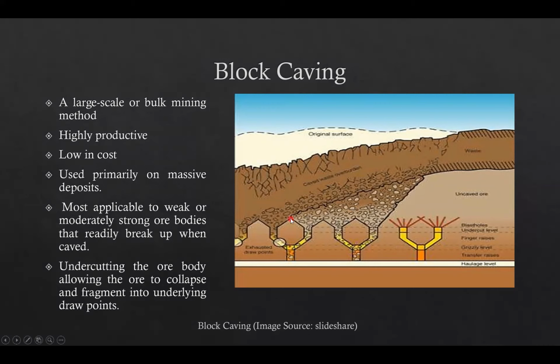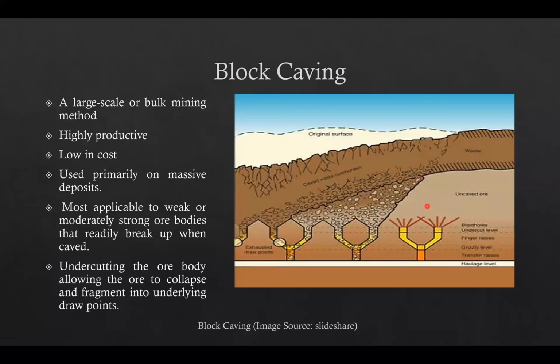So here is a very simple picture where we blast to provide an undercut. So we break this material using blasting, and then this material is taken out, and the upper material then breaks itself because of its weak strength.